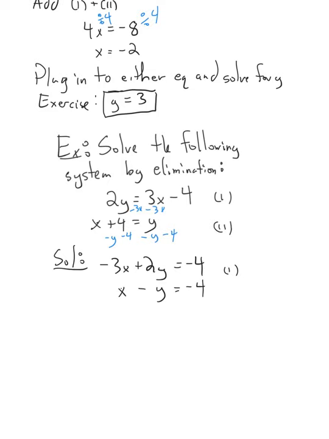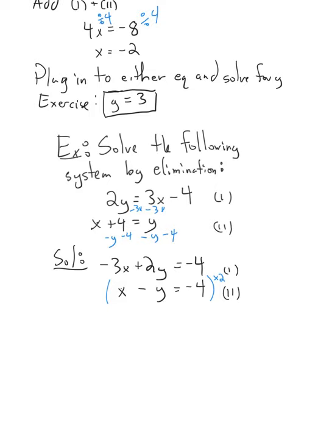So I can be a little bit clever here, and I can say, for equation 2, if I had a 2 here instead of a 1, then elimination would work. So I'm going to multiply everything on both sides by 2 with equation 2.